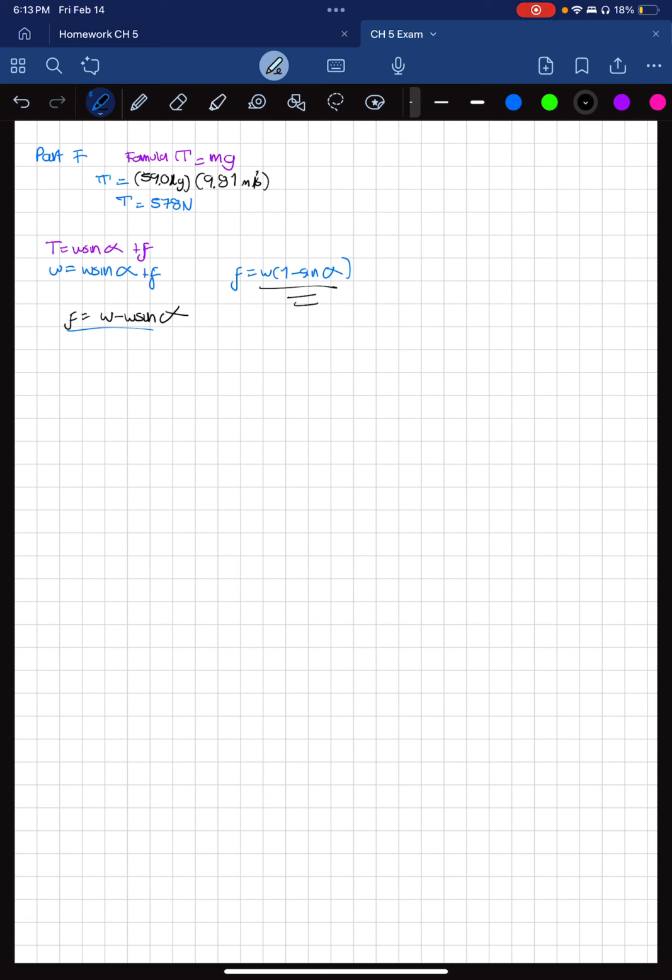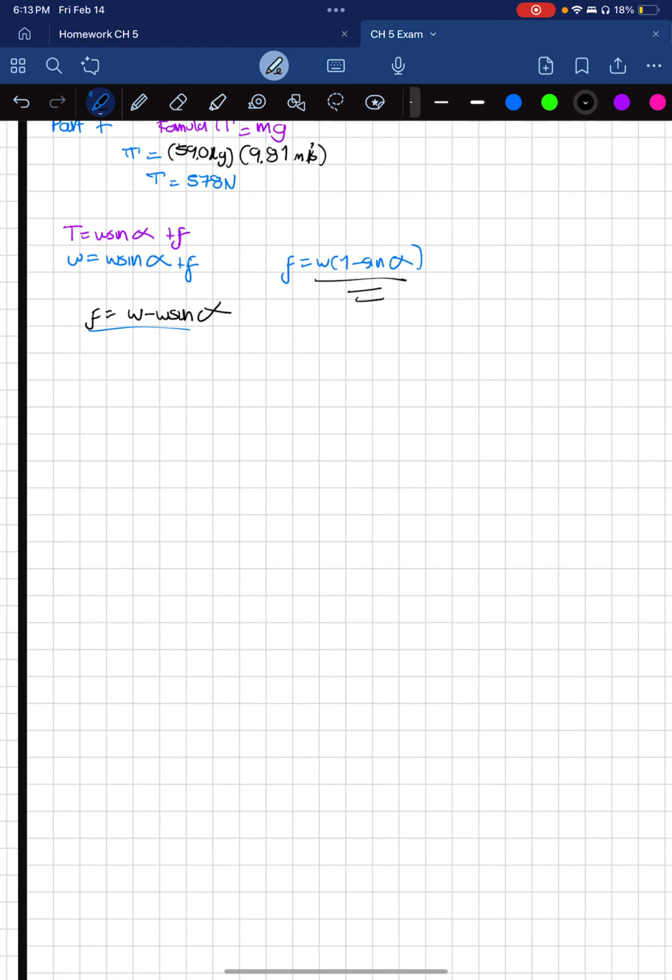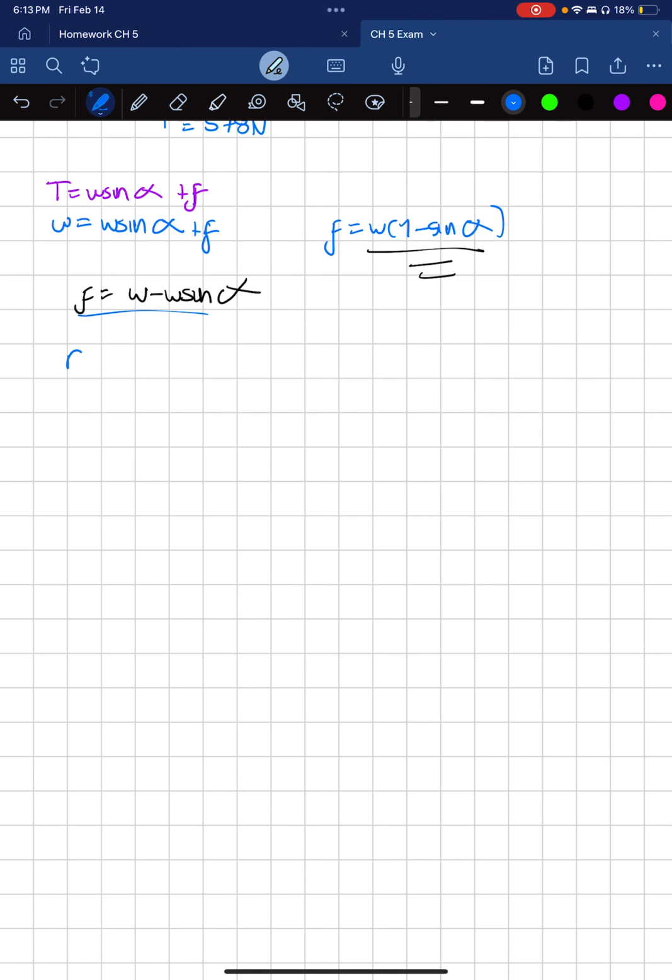Let's see, the final answer we have right here is part H. Is the friction force less than, greater than, or equal to the weight? So in this case, friction will always be less because it's opposing the motion, and it cannot exceed the maximum force that can be generated between surfaces.